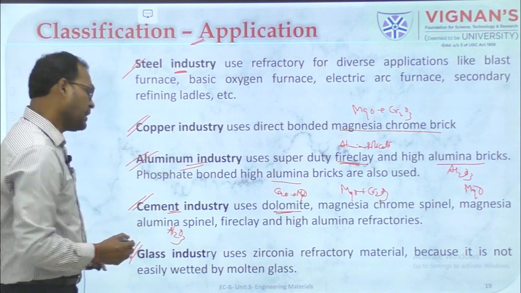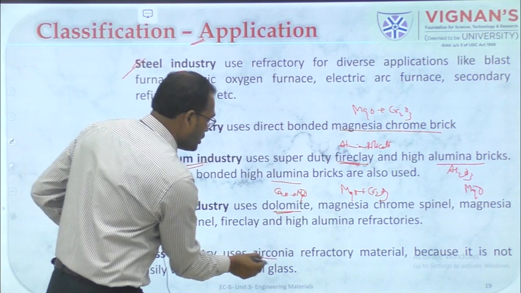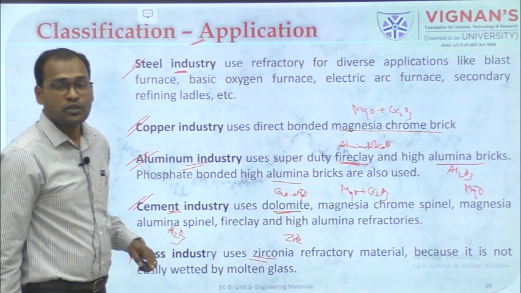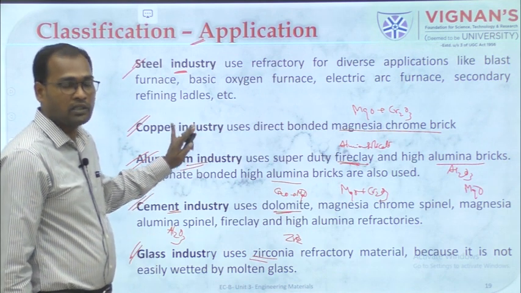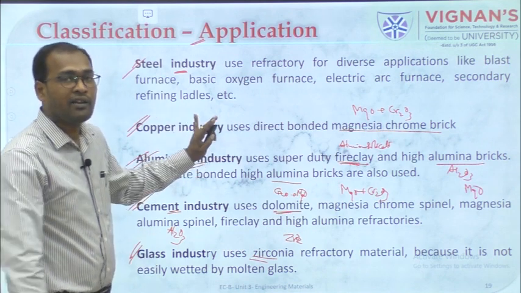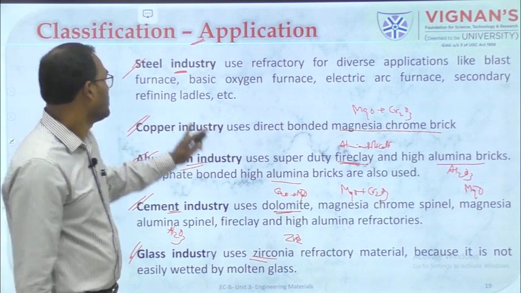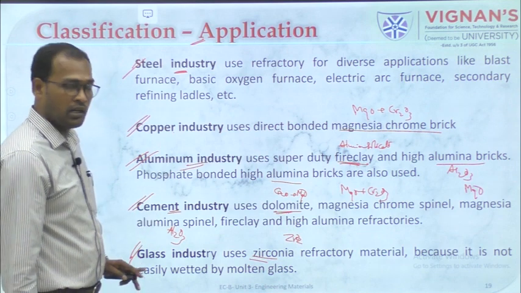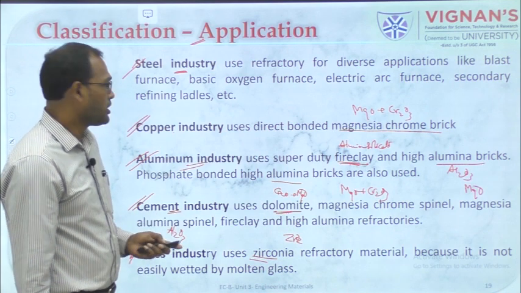And the last one is the glass industry, which uses zirconia refractory, ZrO2, right. So these are some of the places where refractory materials have been used: steel industry, copper industry, aluminum industry, cement industry, and glass industry, right.